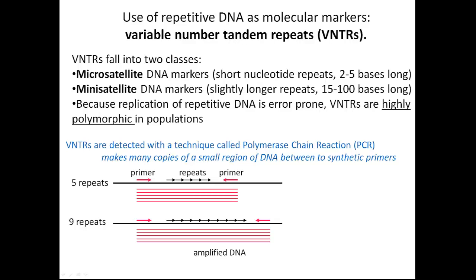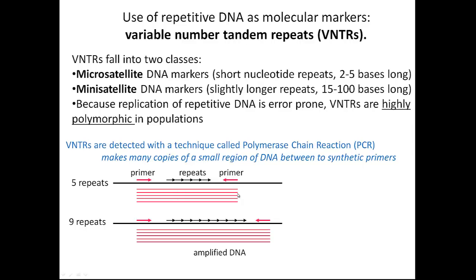Finally, VNTRs are detected by a technique called polymerase chain reaction. We will again talk about this later in the course, but the idea is that you use synthetic primers, small pieces of DNA, which will focus in on the region of the genome that you're interested in, the one that has the different number of repeats, and you have a set of 2 different primers, and this technique, polymerase chain reaction, will make many copies of the DNA between those 2 primers.